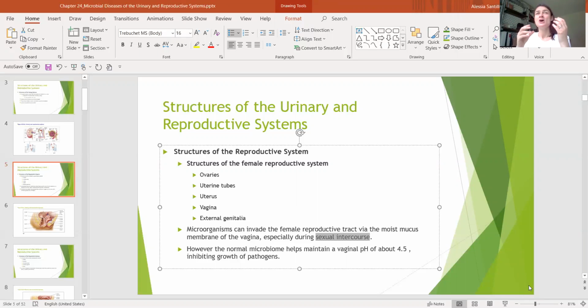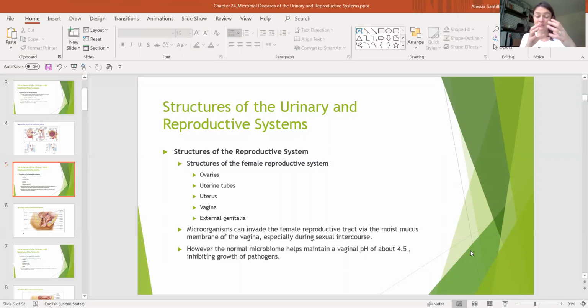The bacteria that we already have within our vaginal tract are able to ferment, and so they make a very acidic environment of pH about 4.5. That acidic environment by itself inhibits the growth of most other bacteria that are accidentally introduced via sexual intercourse or something like that.